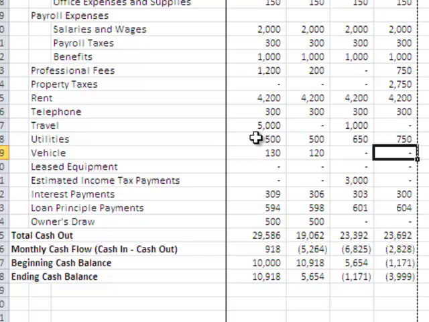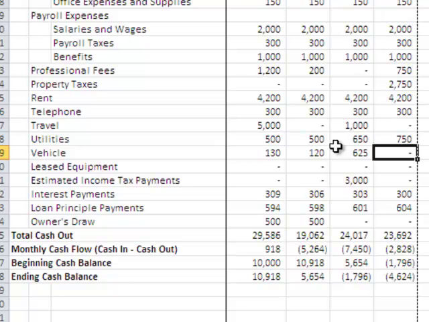The estimate that he got from the repair place is $500. So I'm going to put that under vehicle, $500. Oh, actually we need to enter $625 because the normal vehicle expenses are $125. So instead of just the $500, we're going to enter $625 to account for the $125 that he thinks will be normal in that month.